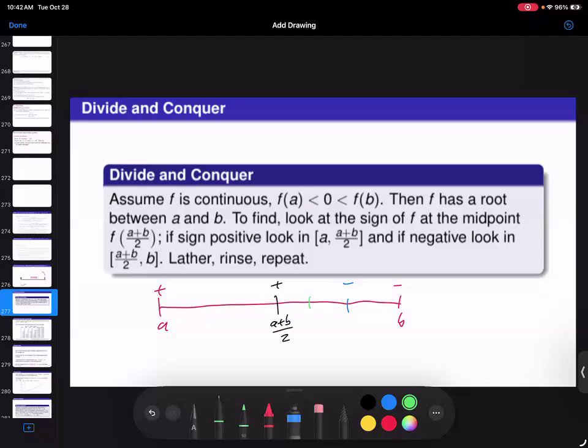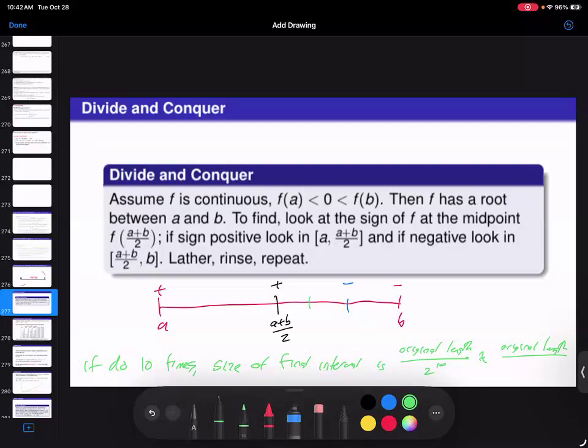So let's try to figure out how quickly things are converging. If we do 10 iterations, the size of the final interval is the original length divided by 2 to the 10. Does anybody know approximately what 2 to the 10 is?